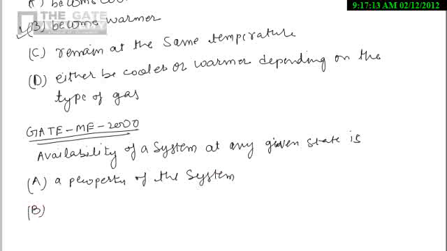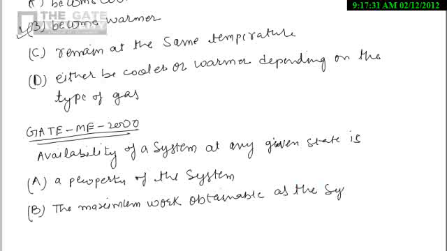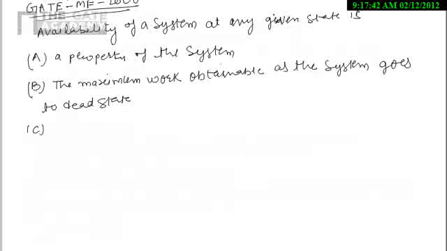B, the maximum work obtainable as the system goes to dead state. C option, the total energy of the system.